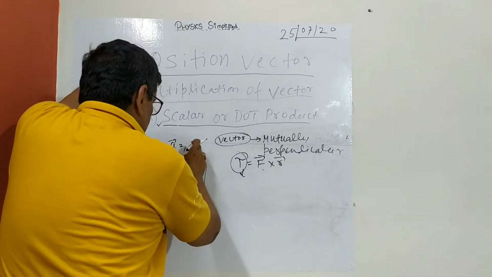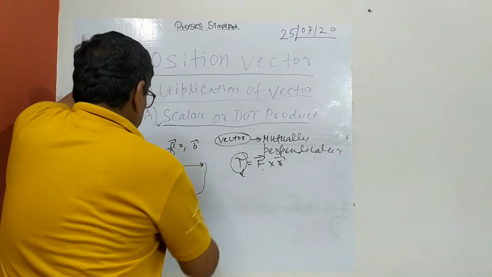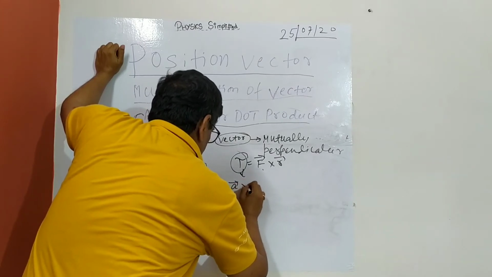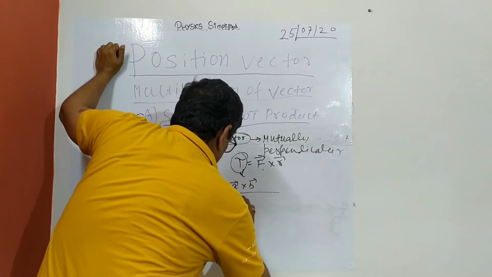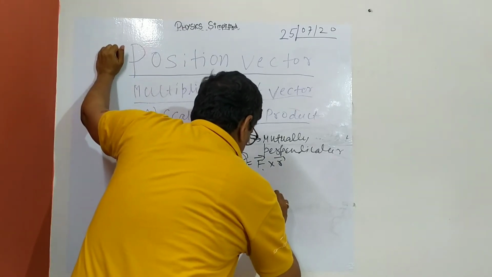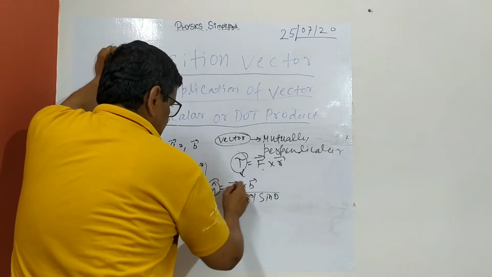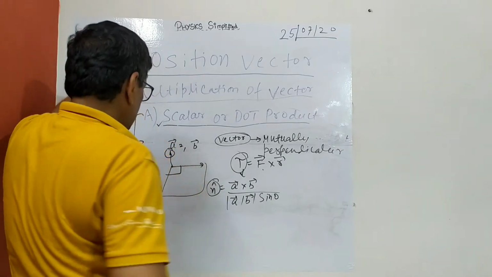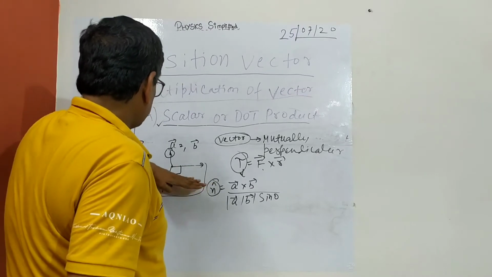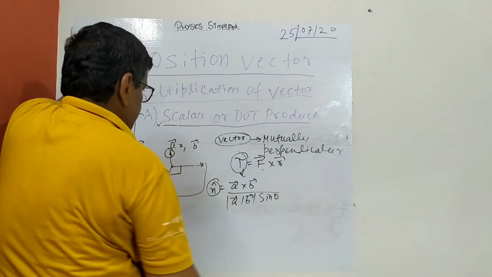So if you have A cross B equals mod A mod B sin theta times the unit vector, that unit vector at right angle will be, of course, A cross B by mod A mod B sin theta. We have already written this, so this is the unit vector which is perpendicular, mutually perpendicular to both, that means it is normal to this plane. So there you can use both dot and cross product.